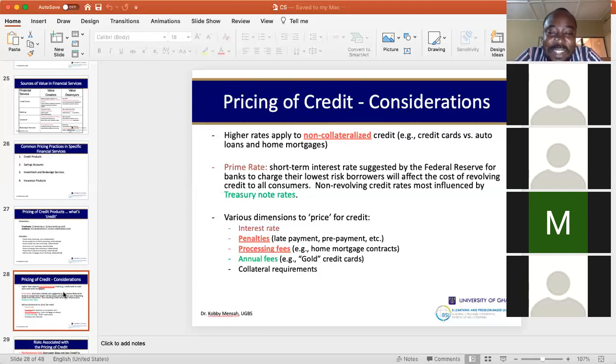So because it's non-collateralized, obviously you have to find a way of making sure that you... Kobe, please, I have something to say. Yeah, Michael. I think that even nowadays, auto loans are becoming non-collateralized. The agency that I work for has a client, CFAO, which deals in Mitsubishi and Suzuki.